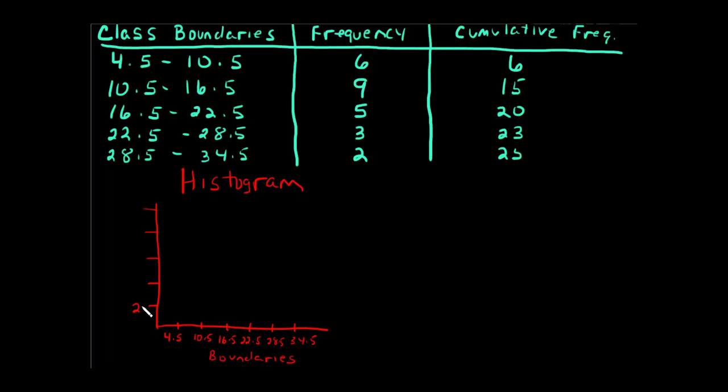So I'll label this 2, 4, 6, 8, and 10, and give this axis a title and call this frequencies. And of course I'll have 0 down here at the bottom.